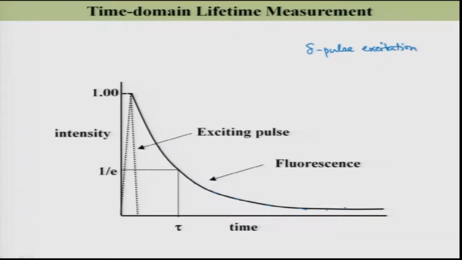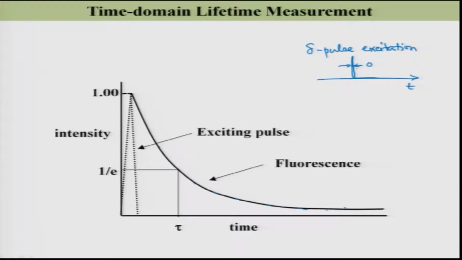It means if I plot the intensity of excitation light as a function of time, with this as the time axis, the light will come like this and then there is no light, and this width is 0. So this is my delta pulse.